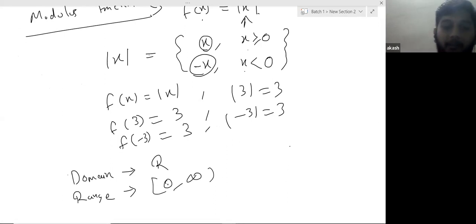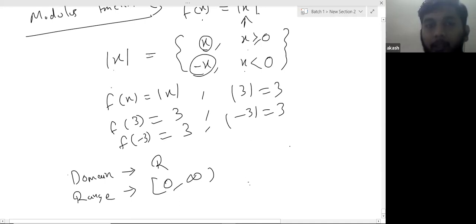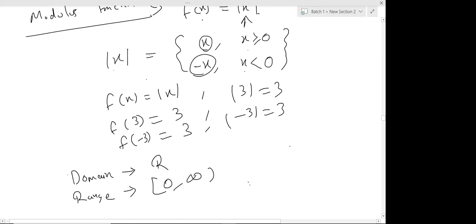So it is only positive. Sir, here 0 is included. Because if I put 0 here, so modulus 0 is 0.